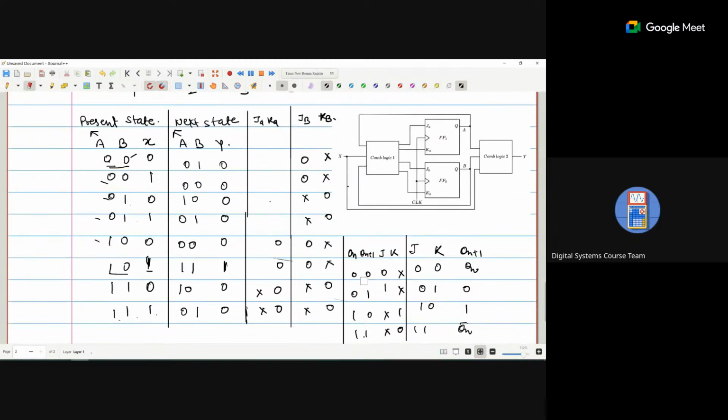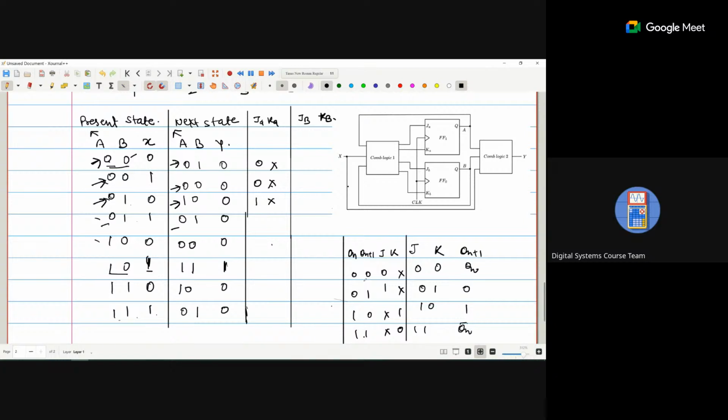Now what we have to do, we have to write this JK table. So present state is 0, next state is 0. So it is 0 cross. Present state is 0, next state is 1. So it is 1 cross.